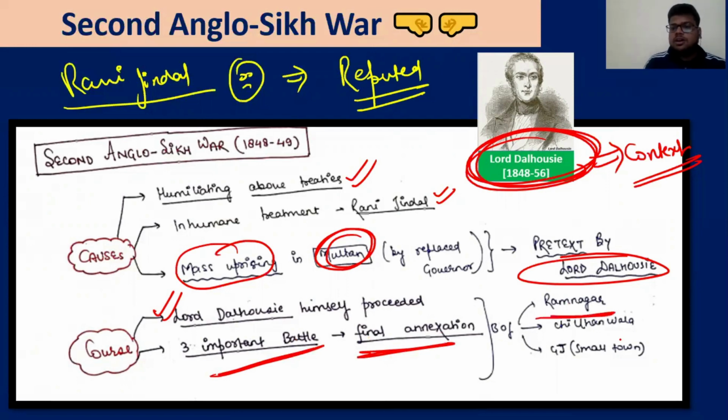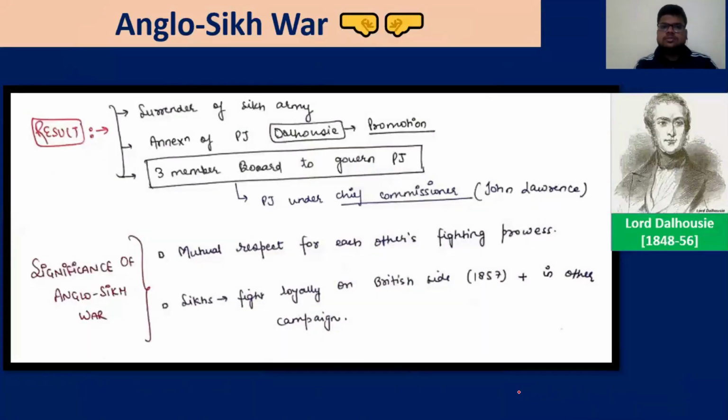So the Battle of Ramnagar, the Battle of Chinwala, and the Battle of Gujarat, which is a small town near the river Chenab. Or Jhelum, I'm not sure. But it is in the Punjab, Gujarat area, not Gujarat state. So these battles were fought, and after every battle, the Sikhs lost.